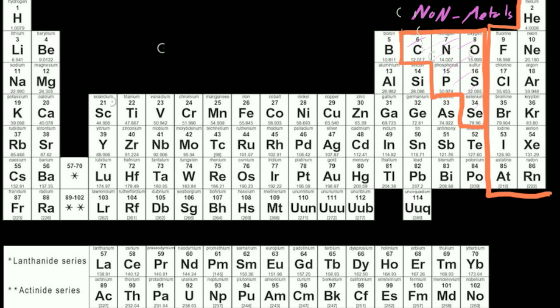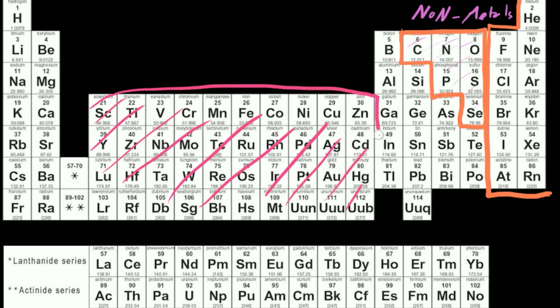The other elements that we should talk about, and I kind of talked about a little bit, but this block right here, eventually we'll start calling this the D block, but these are all metals. These are all metals in the D block, and these can sometimes be called D block metals.